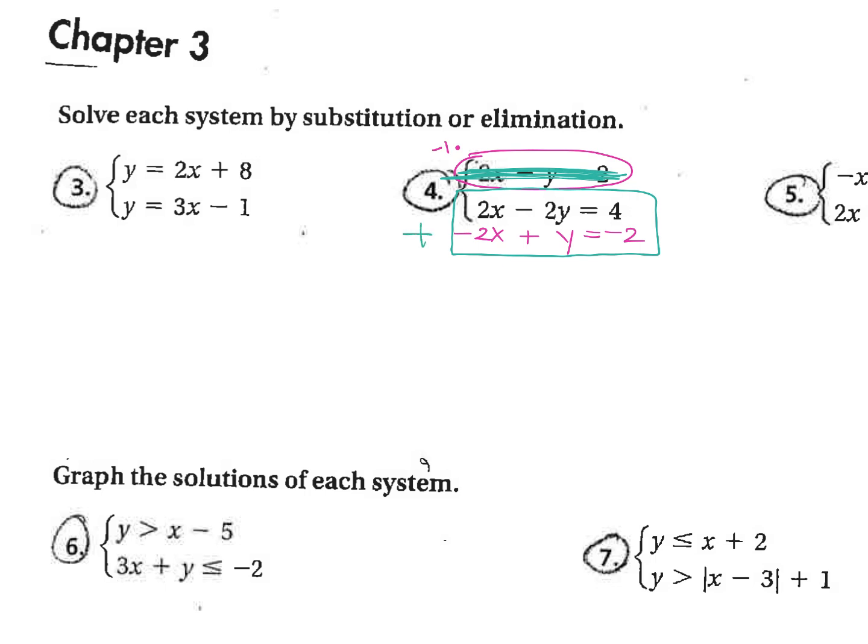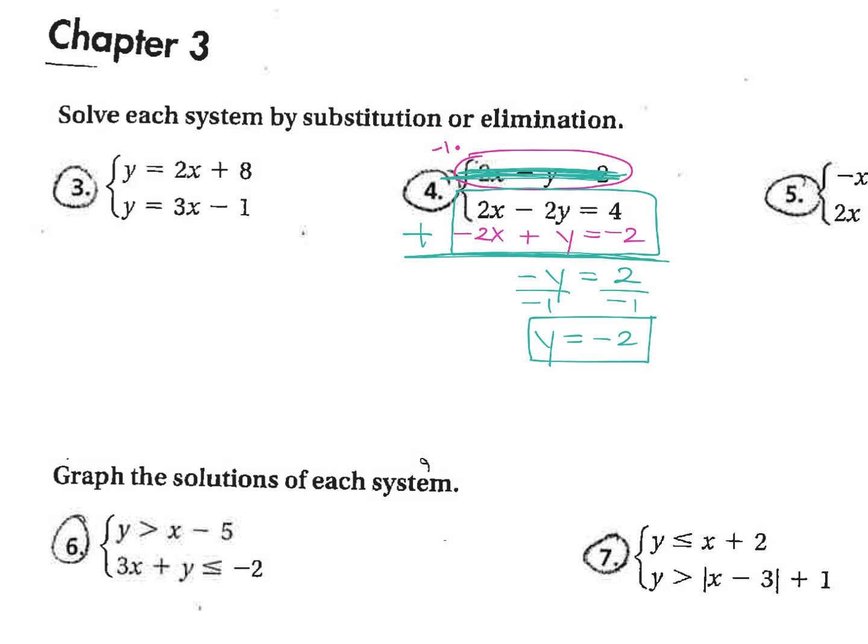We're going to add these together. So 2x plus a -2x, that's 0. That goes away. -2y plus y is a -1y, or you can just call it a -y, equals 4 plus a negative 2 is 2. So if you divide by negative 1 or multiply by negative 1, y is going to be a negative 2. Okay, then what?